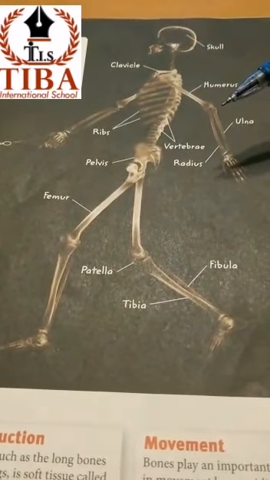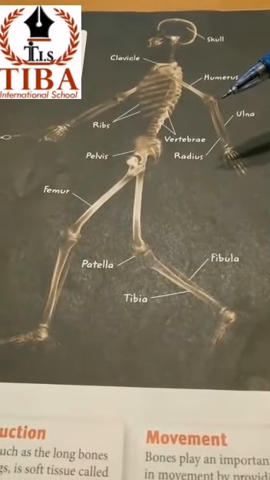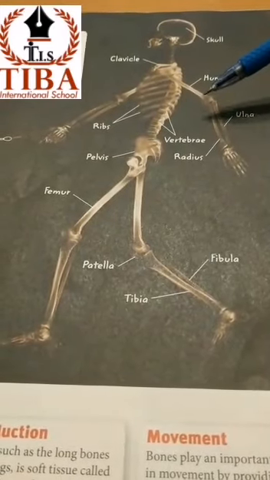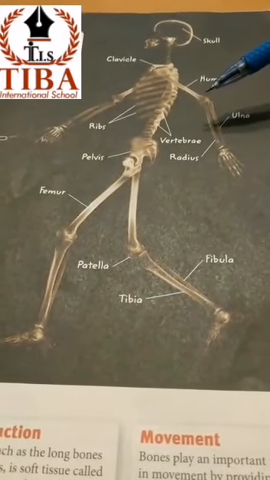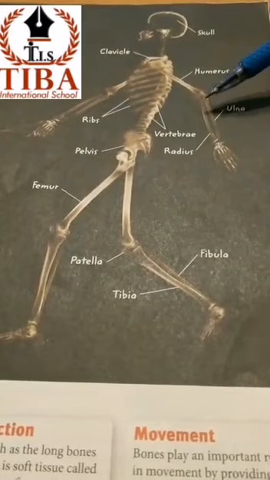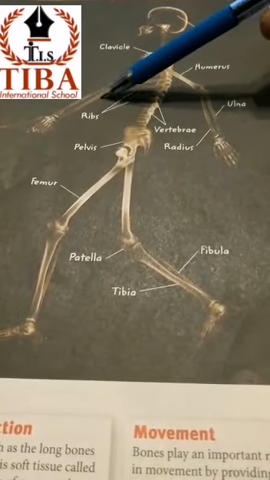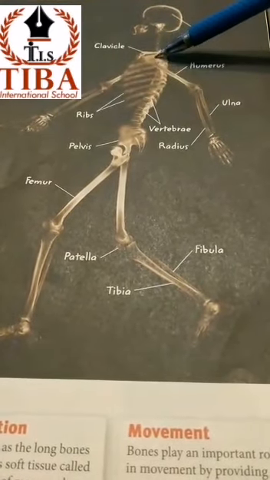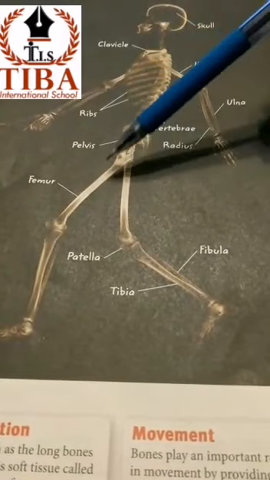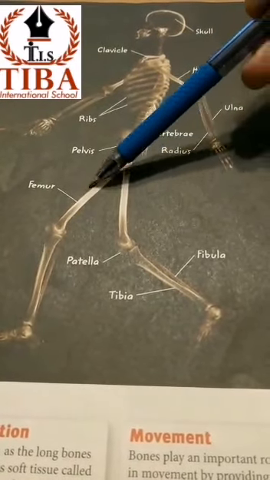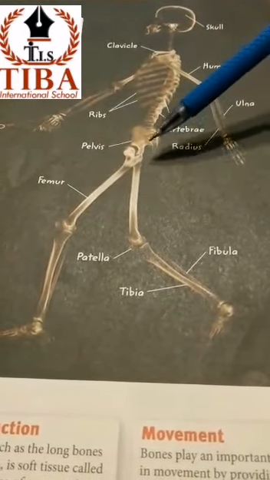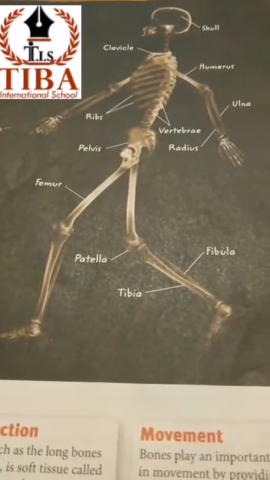The appendicular skeleton is made up of your forelimbs, connected with your shoulder girdle, and your hind limbs, which are your legs, connected to your pelvic girdle.